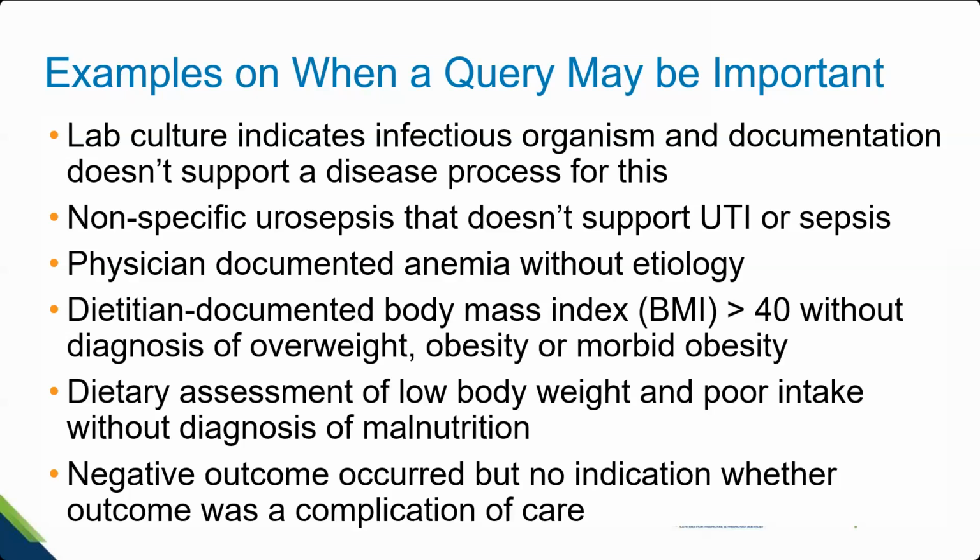And finally, a negative outcome occurred, but there's no clear indication in the medical record whether the outcome was a complication of care. So these are all examples of cases that we see in medical records quite often that are opportunities for you to provide your physician with a physician query and make sure you are capturing the most accurate diagnosis.